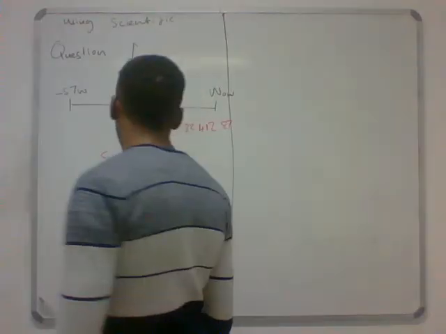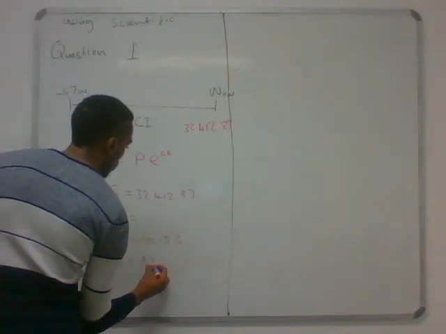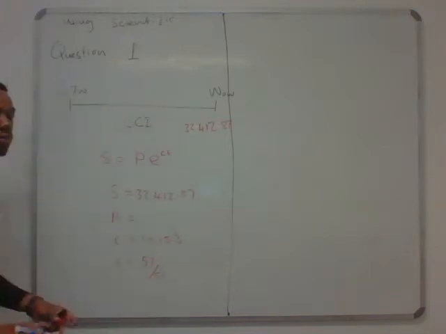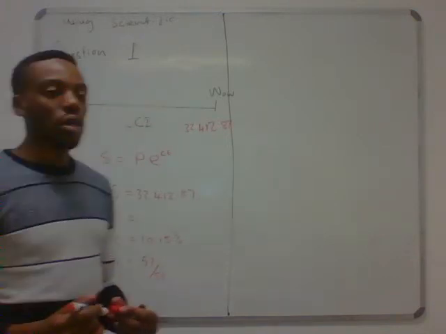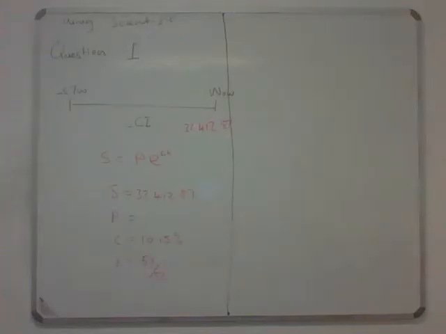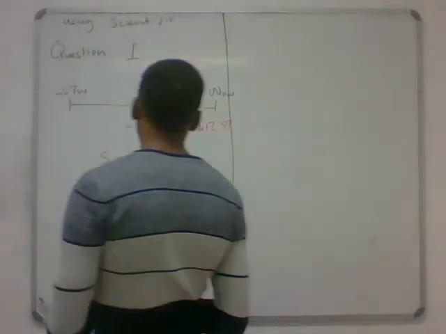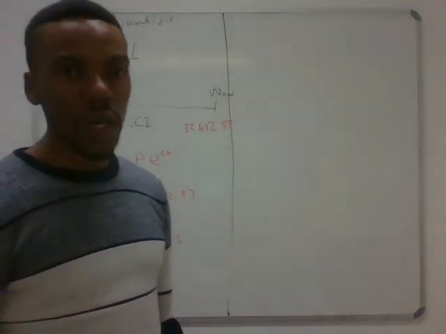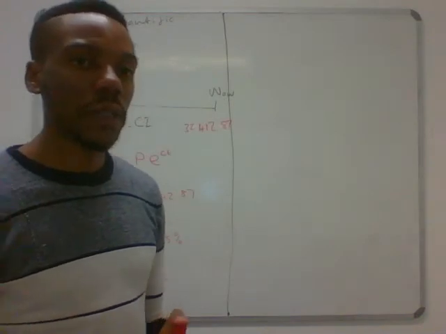So we have 57 weeks, and we need to divide those weeks by 52 because there are 52 weeks in a year. From the question, one variable is missing, which is your P. So next we are going to solve for P.